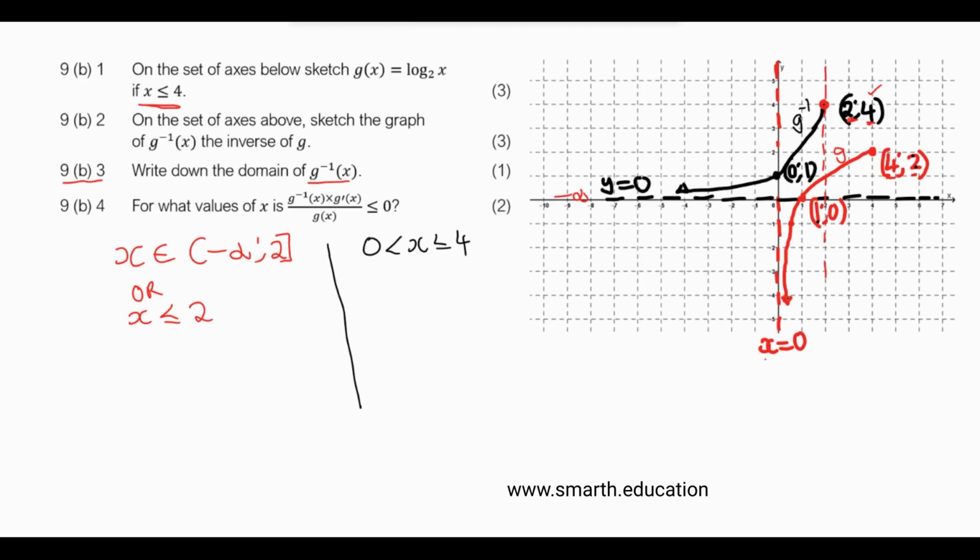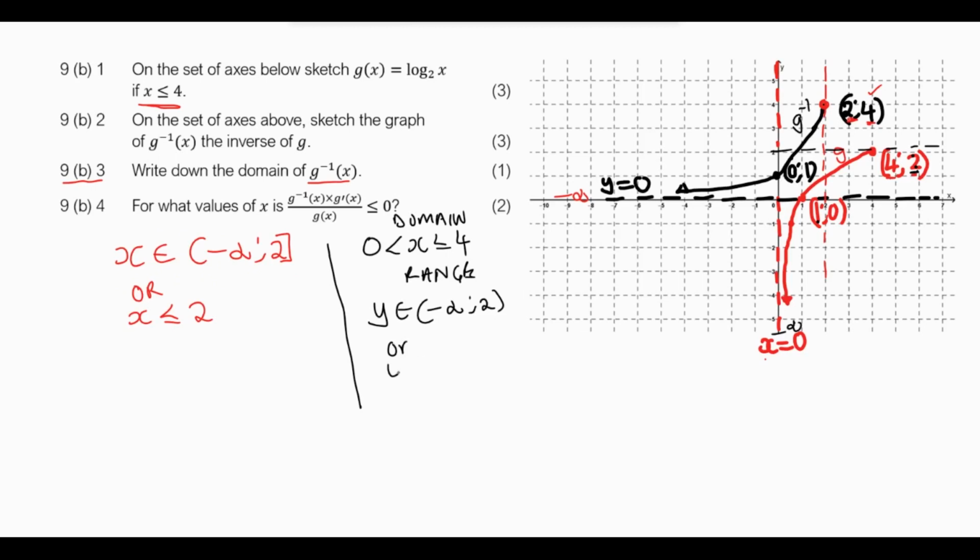And then the range is from negative infinity up to 2. So let me write here, this is the domain. This is the range. Range is y element of negative infinity to 2, or you say y less than or equal to 2.